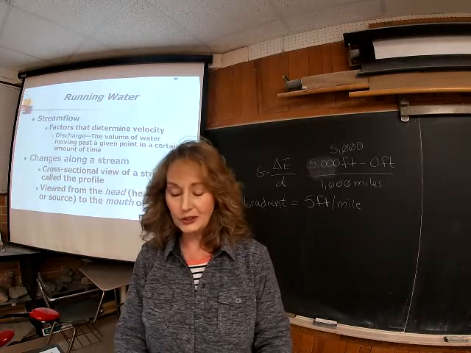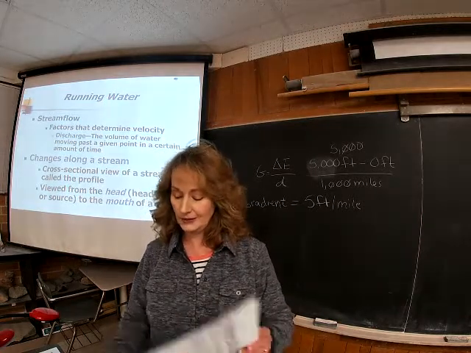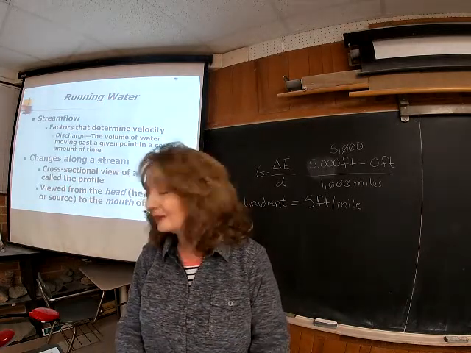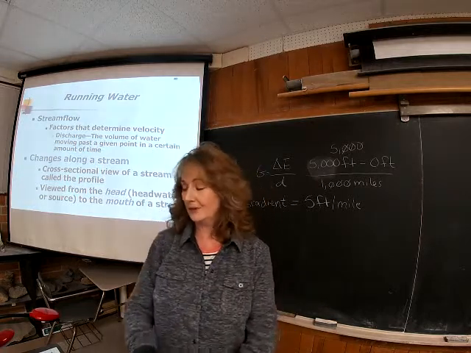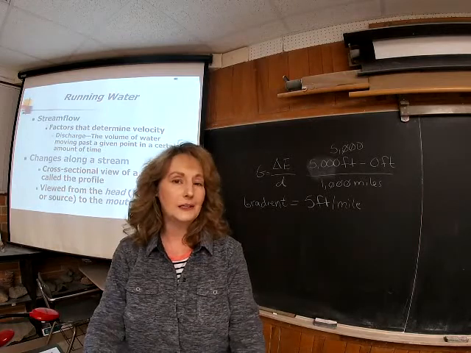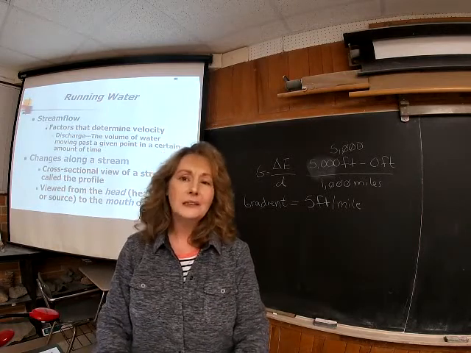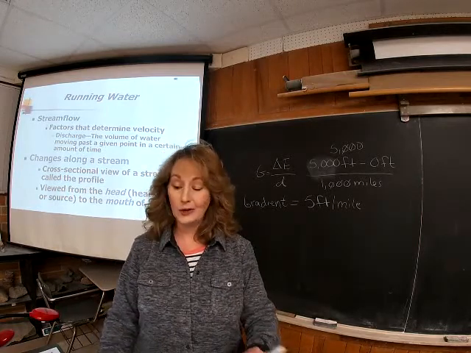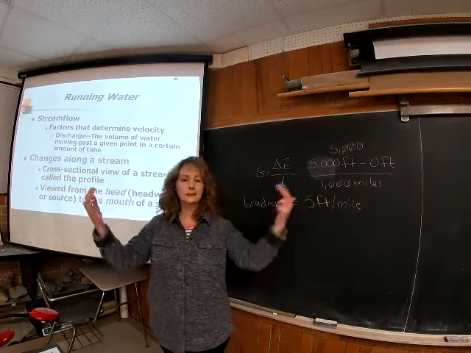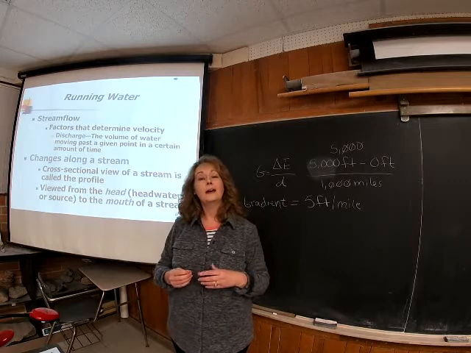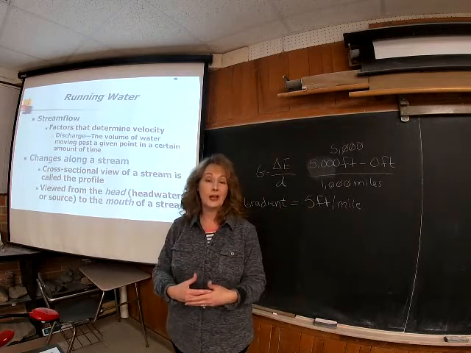Another thing, something called discharge, right? The discharge is the volume of water that moves past a given point in a certain amount of time. So again, how many tributaries are joining your main channel? There'll be all these little ancillary streams that can connect to your main channel.